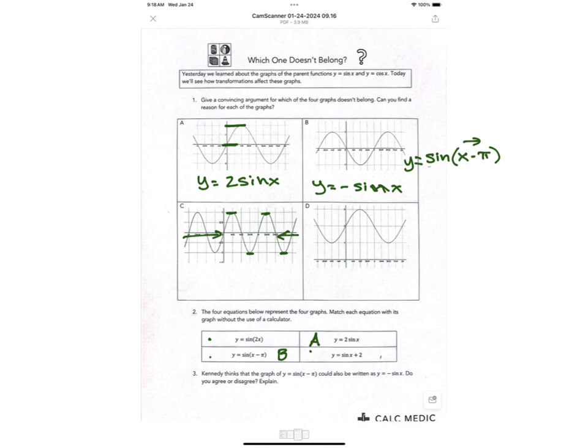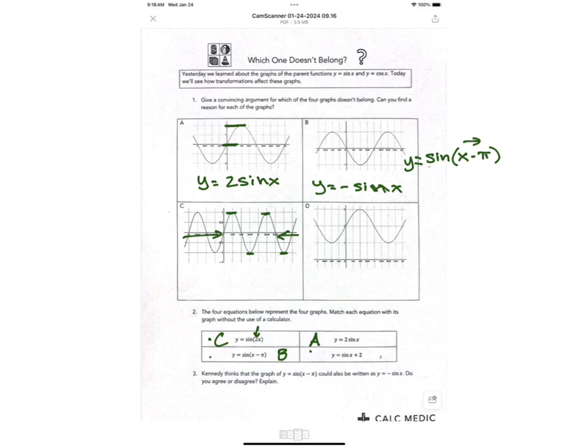It's got to be inside with x. This is a change. The period should be 2 pi. But instead, it's only a half length, pi. Horizontal dilations are backwards. So this 2x decreases the period by half. It's now a half length. You understand? So this one is C.